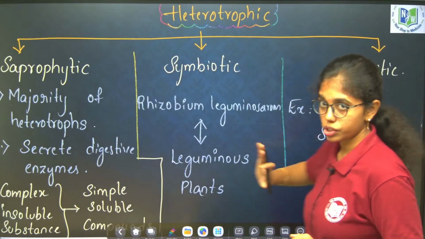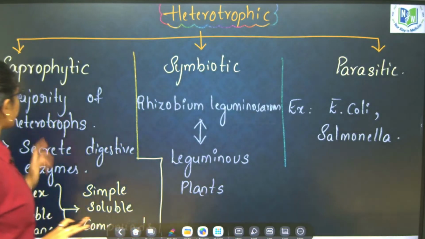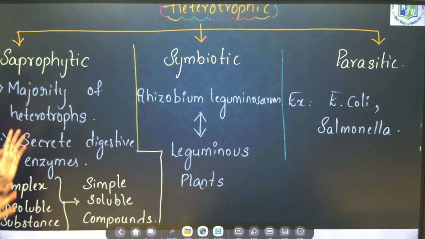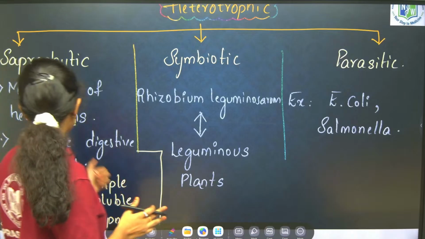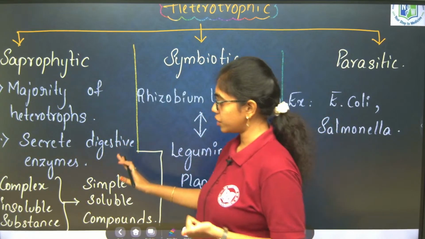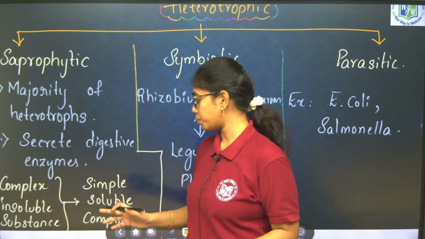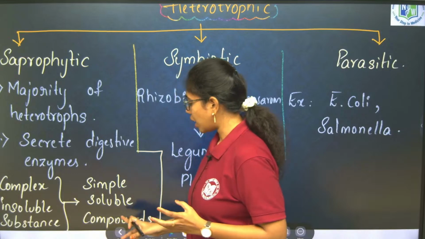Next, the heterotrophic mode of nutrition: saprophytic, symbiotic and parasitic. In the saprophytic mode, majority of them are heterotrophs and they secrete digestive enzymes, which convert complex insoluble substances to simple soluble compounds.